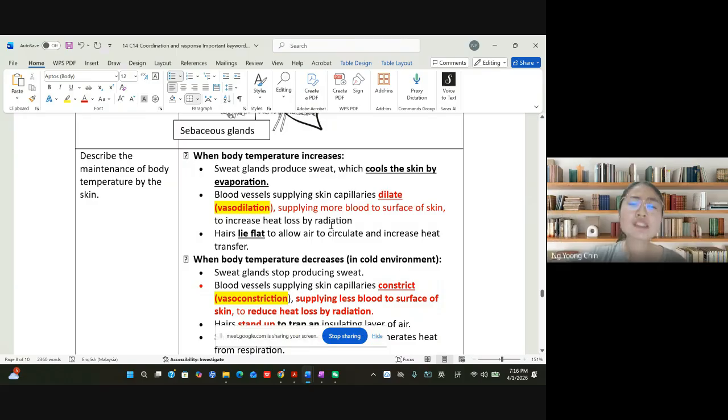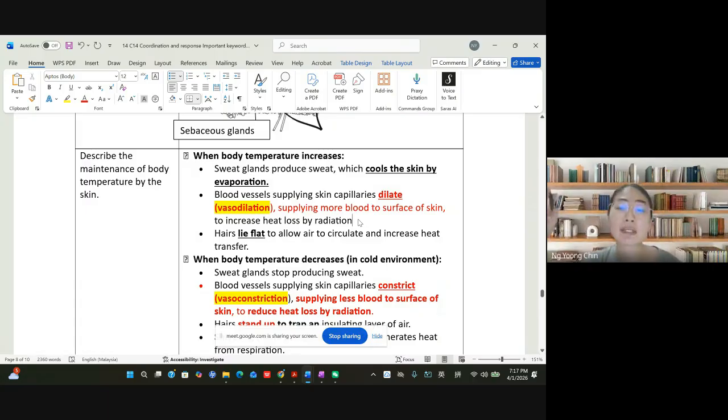Because you can just imagine, when your blood flows inside your blood vessel, 当你这个血在这个血管里面流动的时候，这个血里面是带着点热能的, the blood carries a bit of heat energy. So if you allow more blood flow close to the skin surface, you can allow more heat to be radiated away by radiation.